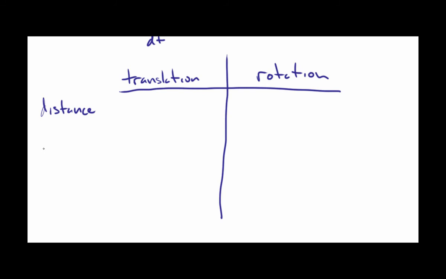So we have equations for distance, we have equations for speed, and equations for acceleration. In the translational world, we use the generic symbol x for translation.